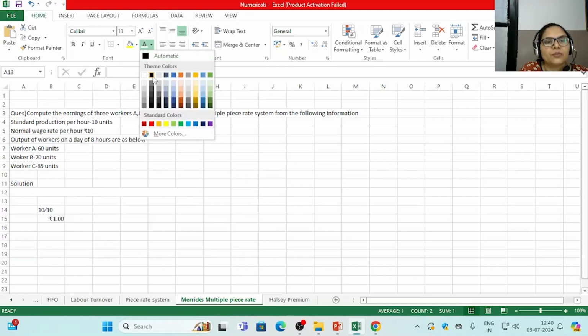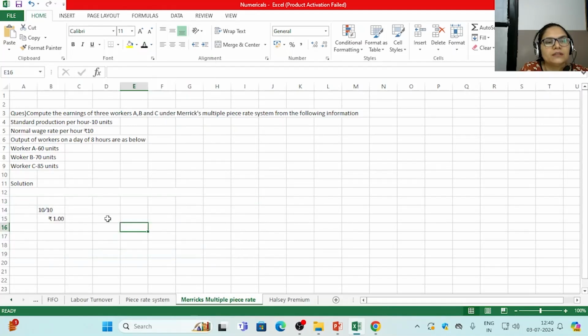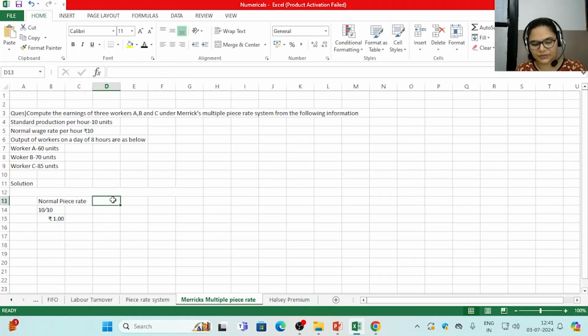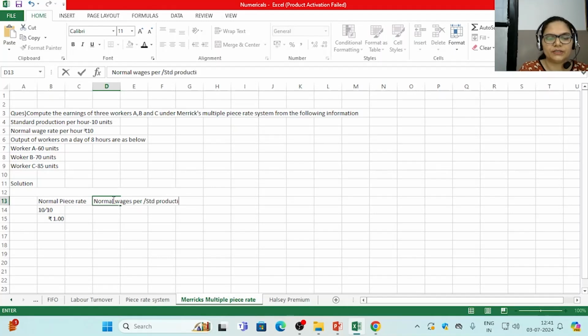The formula for calculating the normal piece rate is normal wages per hour divided by standard production per hour.